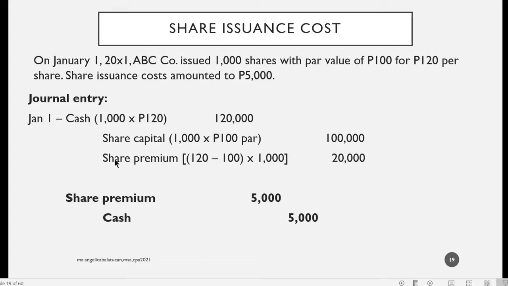And then your share premium will be reduced by 5,000. So mahimo ni siyang 100, this would be 15,000. So again, if this is a compound entry, your cash would be reduced. So this would be 115,000. Share capital the same, but the share premium would become 15,000.